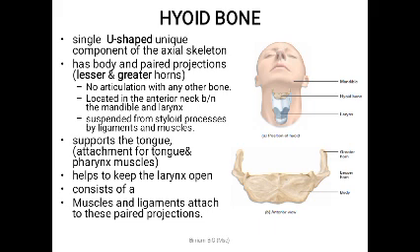It supports the tongue, is an attachment for tongue and pharynx muscles, and helps to keep the larynx open. It consists of muscles and ligaments attached to these paired projections.